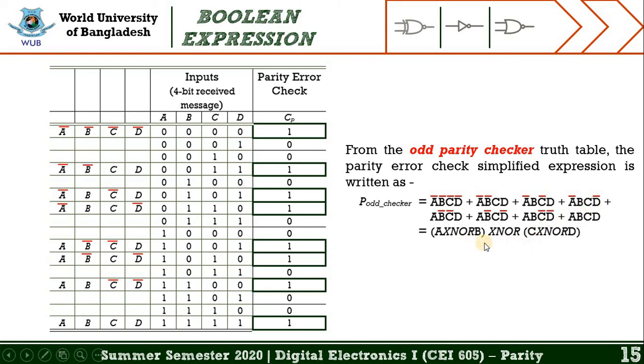And if we simplify this expression, then we may find A XNOR B inside the first parenthesis. After that we get XNOR, the second parenthesis starts, and inside the second parenthesis we get C XNOR D.